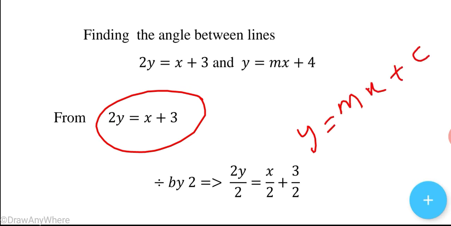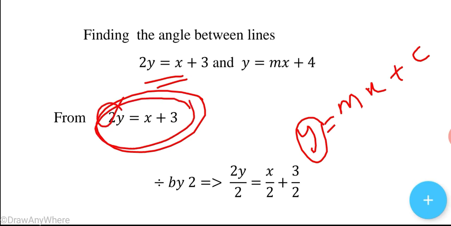The coefficient of y should be equal to 1, but in this given line the coefficient of y is 2. So we have to divide the entire equation by 2.